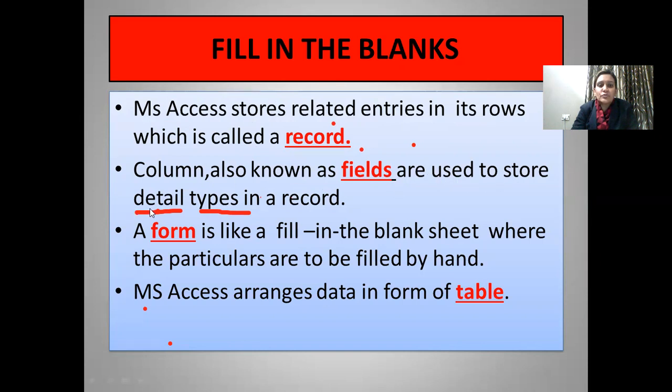They are used to store detailed types in a record. So the detail is basically stored in columns and fields. Then a dash is like a fill in the blank sheet where the particulars are to be filled by hand. That is a form. MS Access arranges the data in the form of a table. We know that it is an RDBMS software which helps to arrange the data in the form of tables.